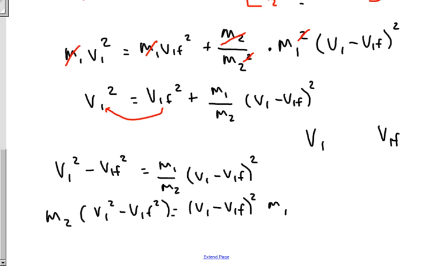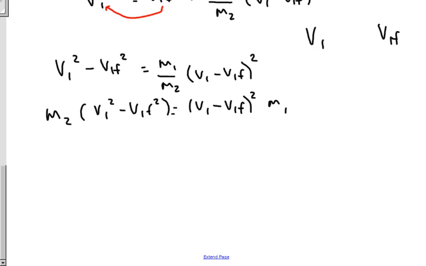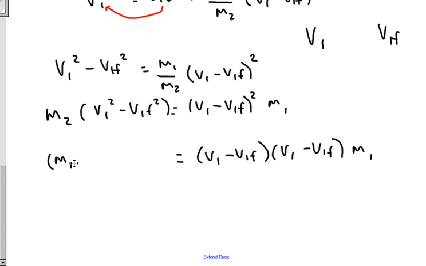Now we should start to notice that we have something kind of interesting on the left and the right hand side. We have this squared term, which is essentially v1 minus v1 final times v1 minus v1 final. And on the right hand term, this is a difference of squares. So when we write that out and factor it, we get m1 times v1 minus v1 final times v1 plus v1 final.